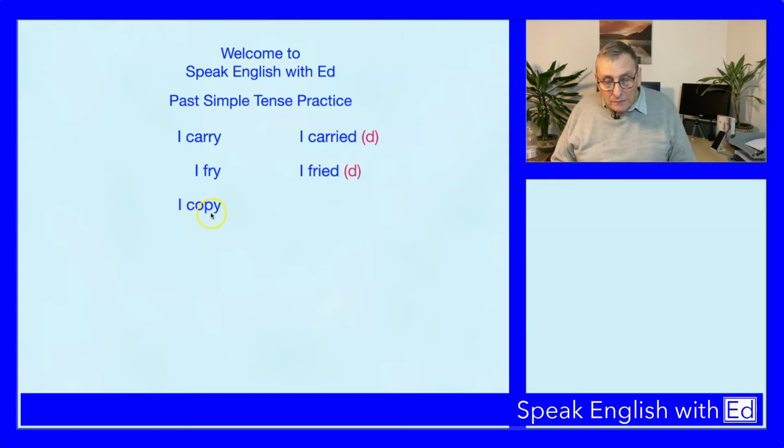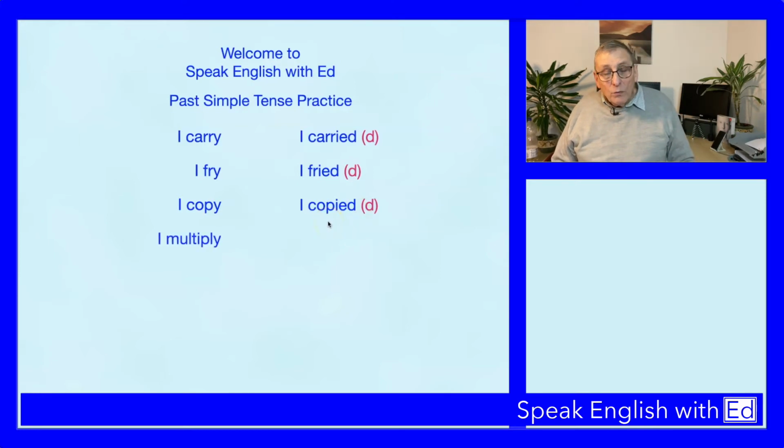We still end with a Y, and the rule still applies. You change the Y into an I and add ed. So you've got copied. Slightly different sound, a D sound. Fried, carried, copied.